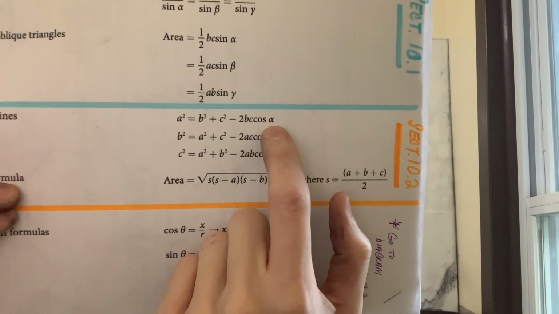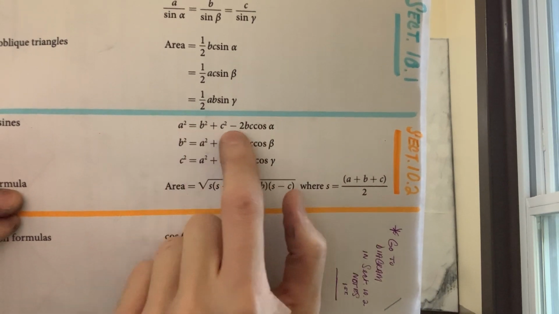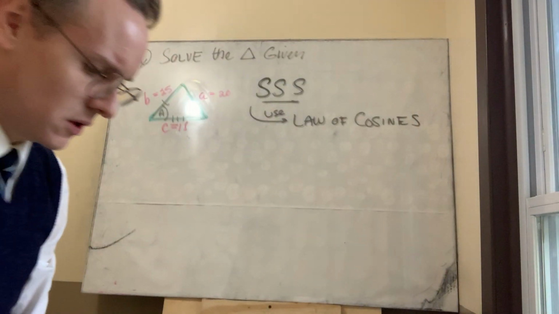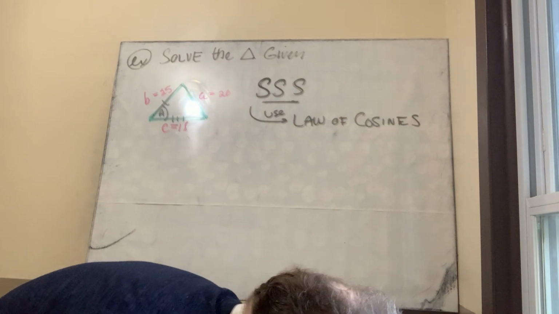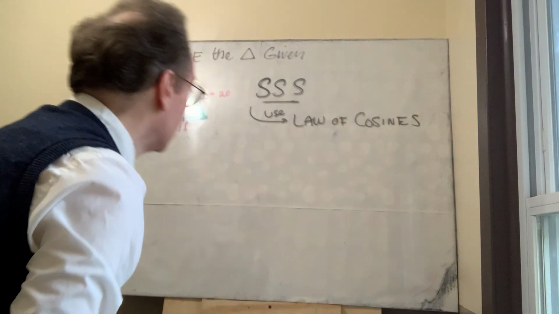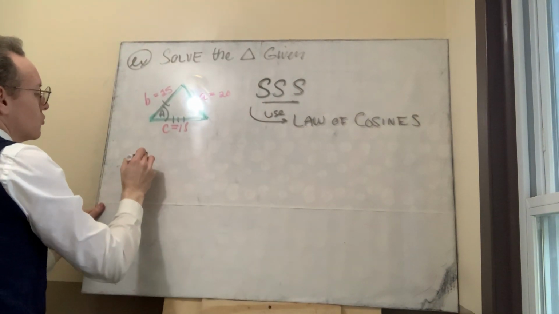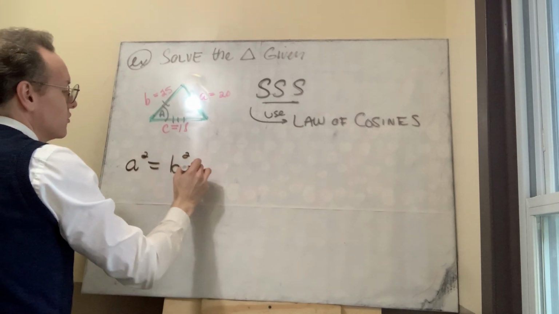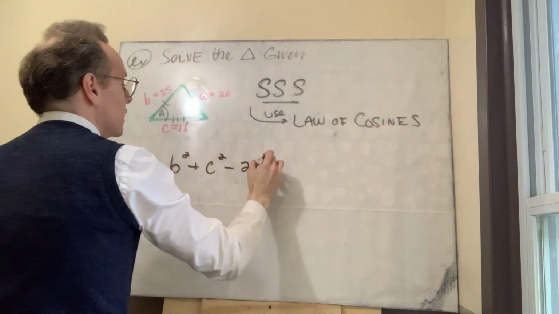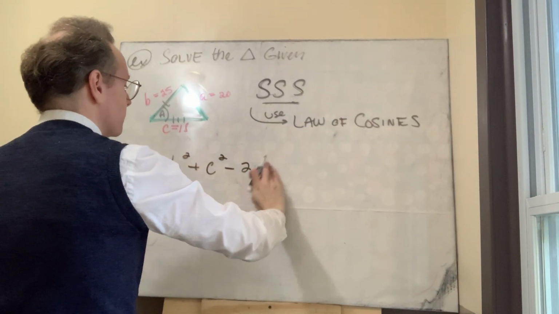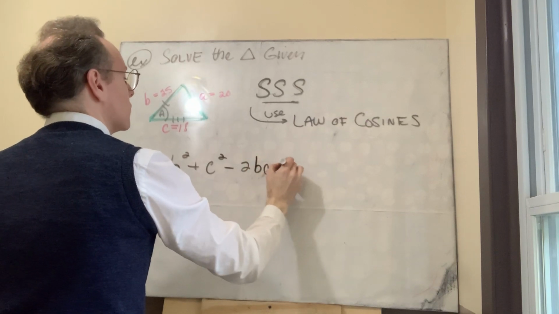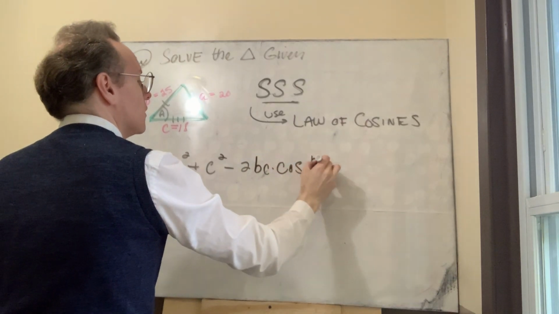If you want to get A, then let's go with this incarnation of the law of cosines. So A squared is equal to B squared plus C squared minus 2BC cosine of A.